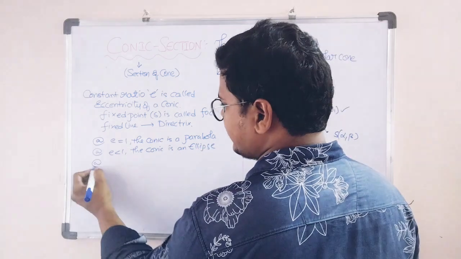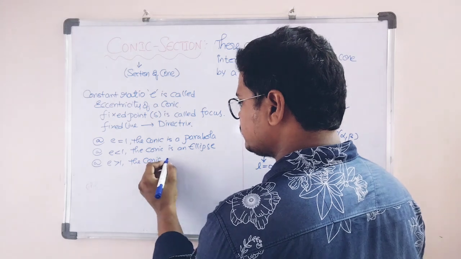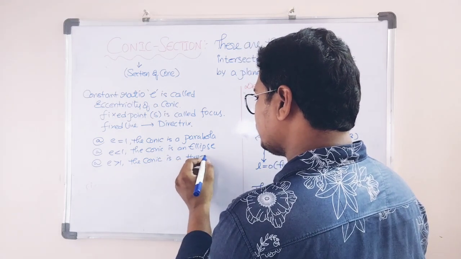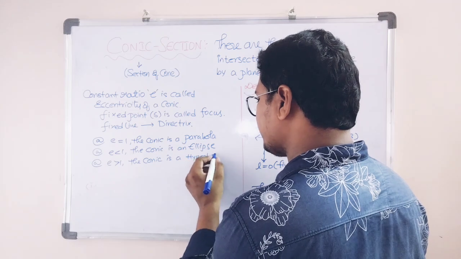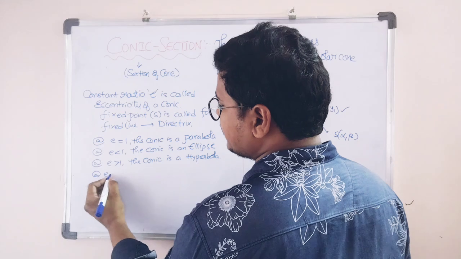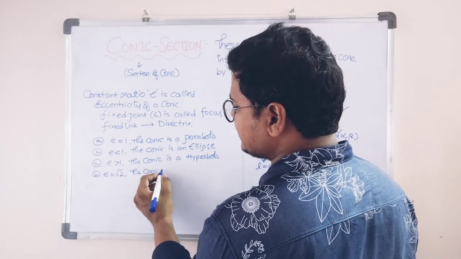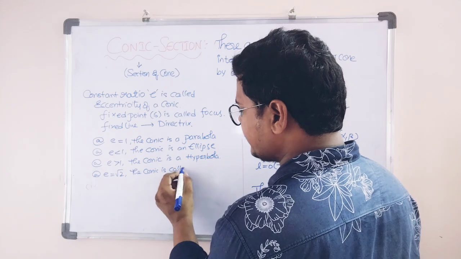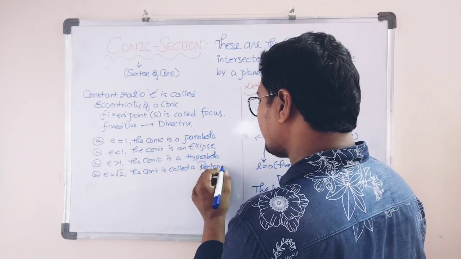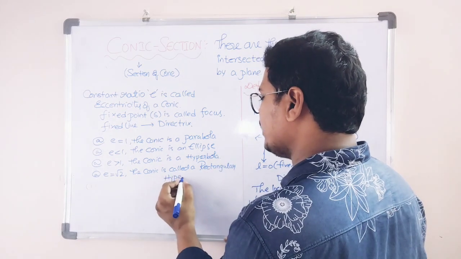At e greater than 1, the conic is a hyperbola. And at e equal to root 2, the conic is called a rectangular hyperbola. What do we call this one? Rectangular hyperbola.